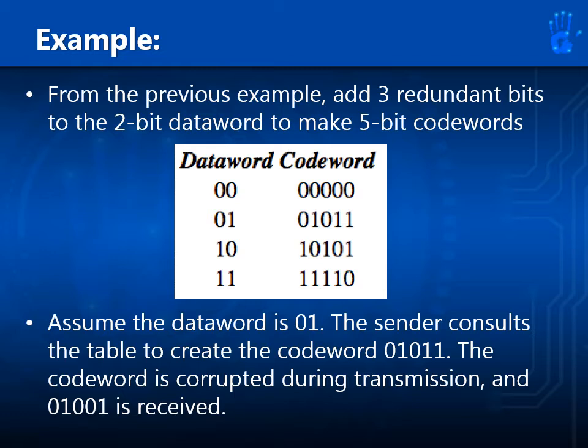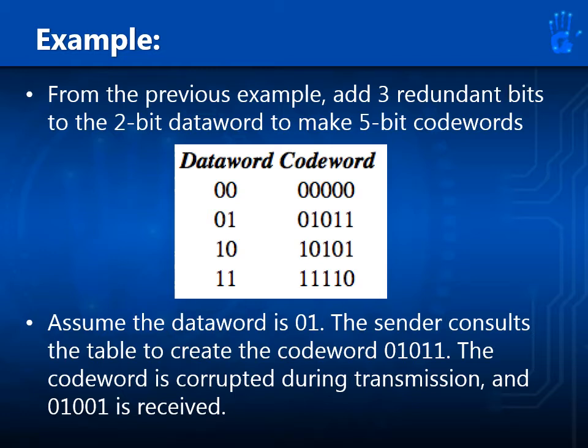The sender consults the table to create the code word 01011. And then the code word is corrupted during transmission and 01001 is received. In this case, the error occurred in one of the redundant bits.